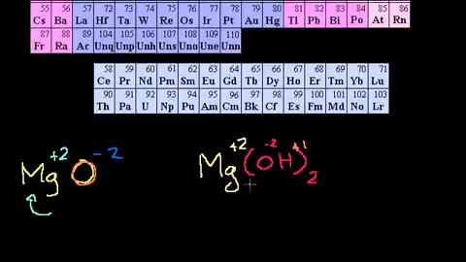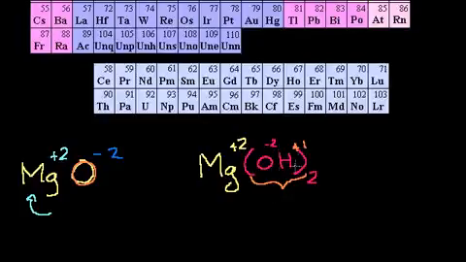So let's see. At first you might say, hey, I'm adding up the oxidation states. +2 -2 is 0, +1. I get a +1 oxidation state here. That doesn't make sense, Sal. This is a neutral compound. And what you need to remember is, oh no, but you have 2 of these hydroxides right here. So what you do is you figure out the sum of the oxidation states of the hydroxide. So that's -2 + 1.